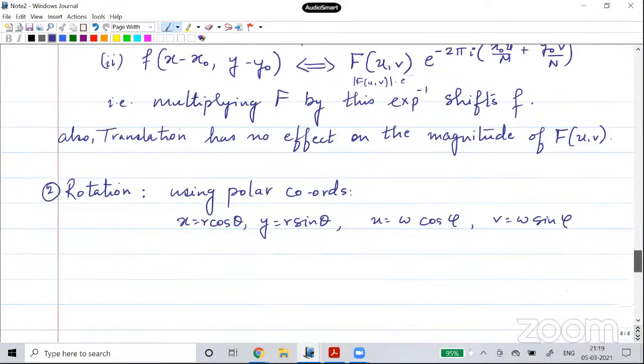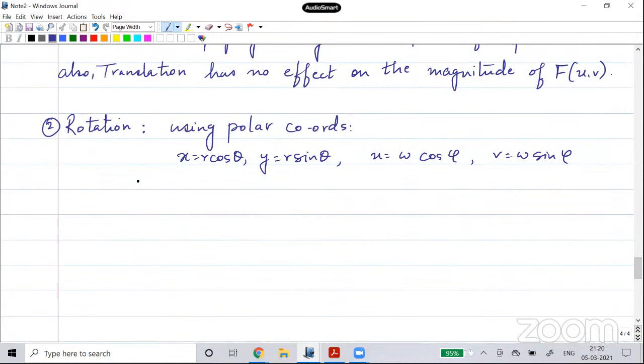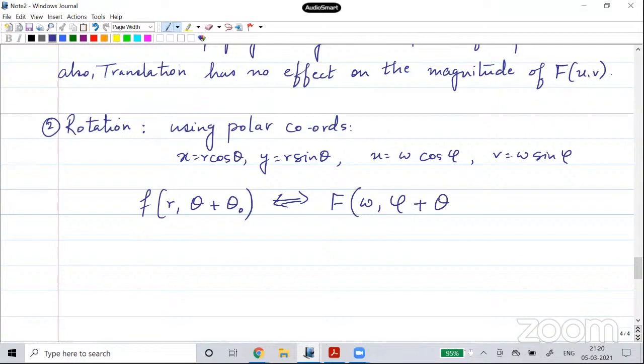If we consider these polar coordinates, then the Fourier pair is given by f(r, theta plus theta naught). So what we are doing here is changing the angle, doing rotation. The original image is being rotated by an angle theta naught. This is a pair with F(omega, phi plus theta naught).